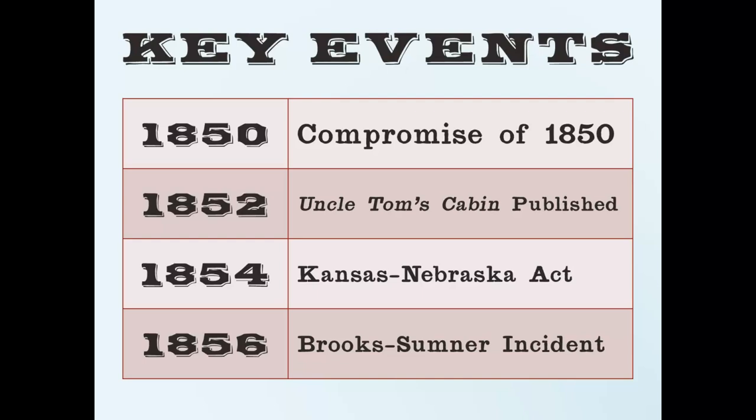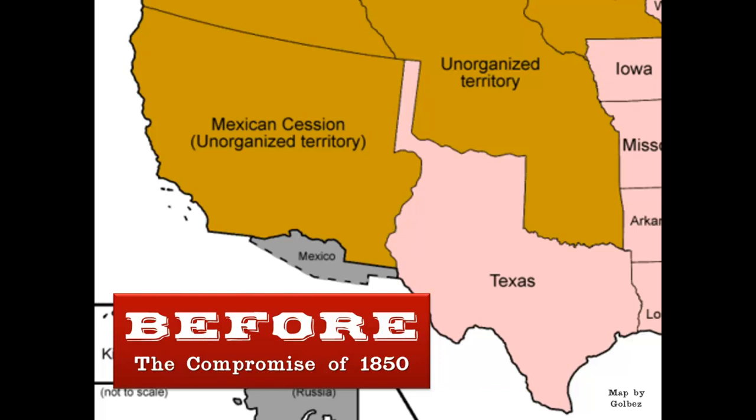So looking at the earlier part of the decade of 1850, we can note some really key events: Compromise of 1850, Uncle Tom's Cabin, Kansas-Nebraska Act, and the Brooks-Sumner incident. And keep in mind some of the earlier context before the Compromise of 1850. We have a variety of different changes in the map.